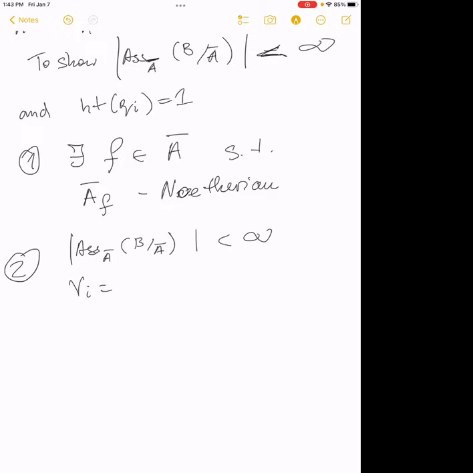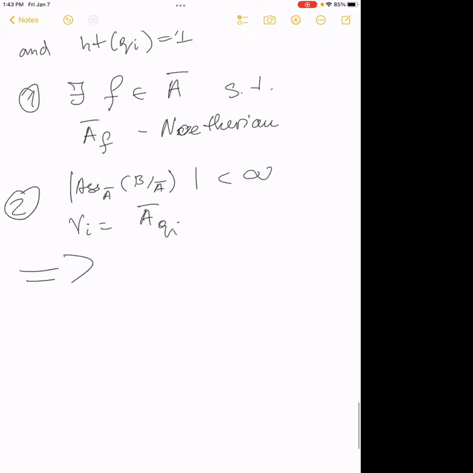Then we get that each of these valuations is a localization here, and then we get that A bar is contained in this intersection.